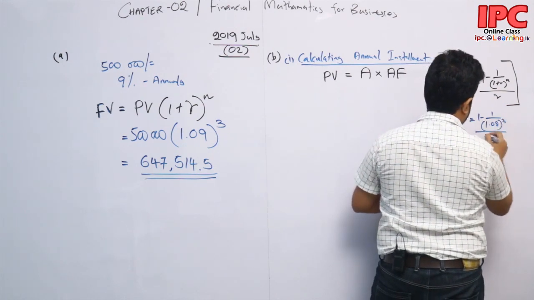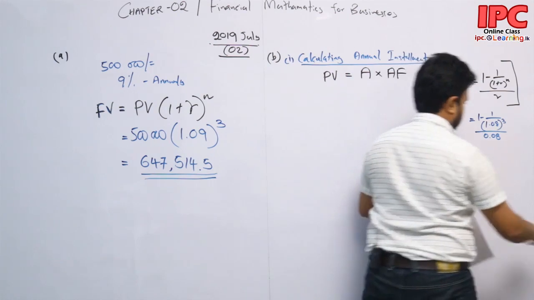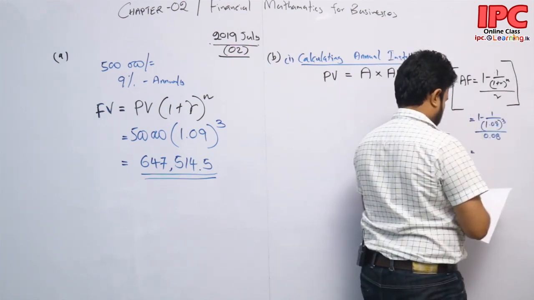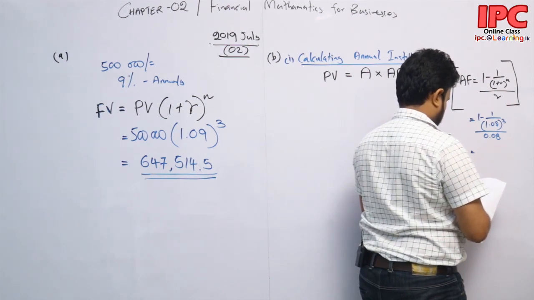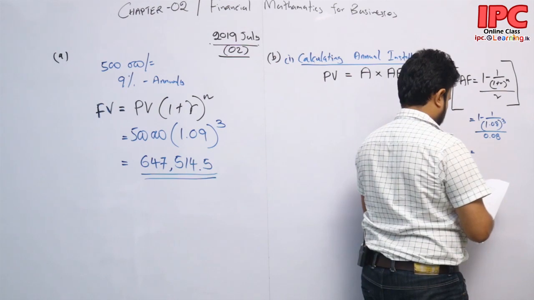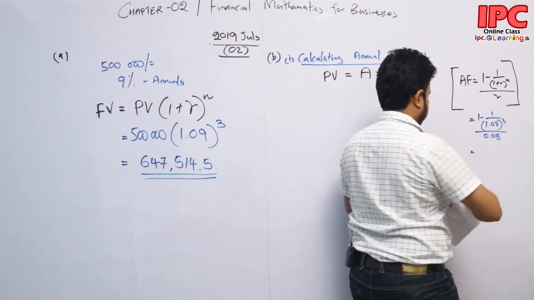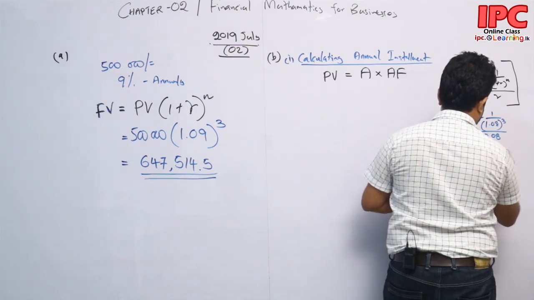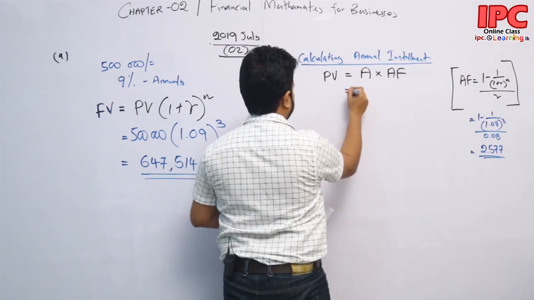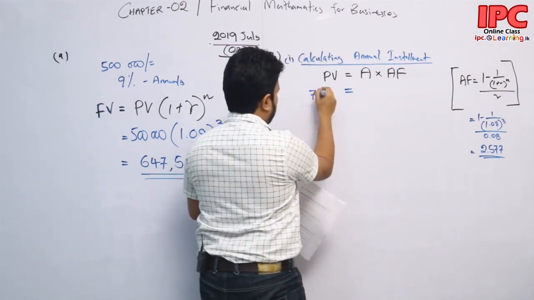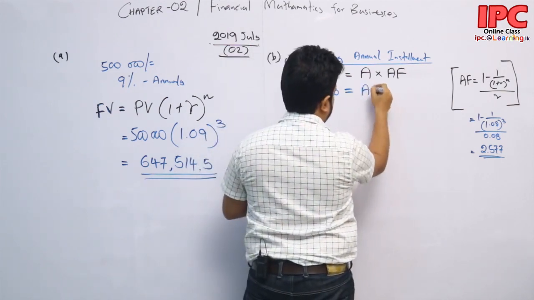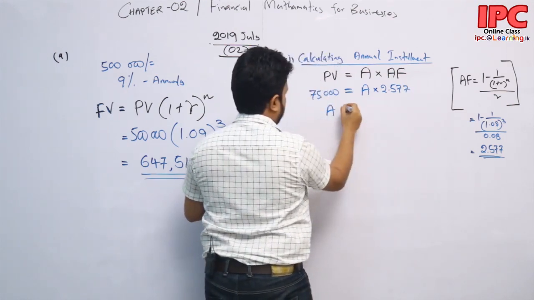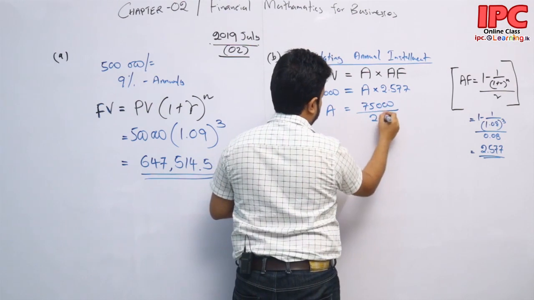It is 2.577. So the present value today, the loan, is 75,000. So A equals 75,000 divided by 2.577.